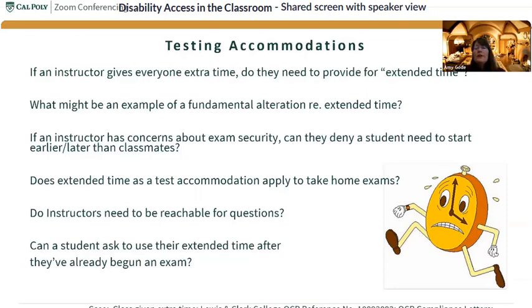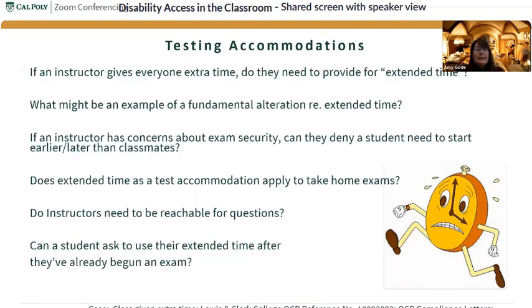What might be an example of a fundamental alteration regarding extended time? And I have a good one. This is how high that bar is. There was a nursing school student who had to do a blood draw within a certain amount of time, and she couldn't do it. She asked for extended time, and that was denied. That was seen as not reasonable because it would cause the patient discomfort.